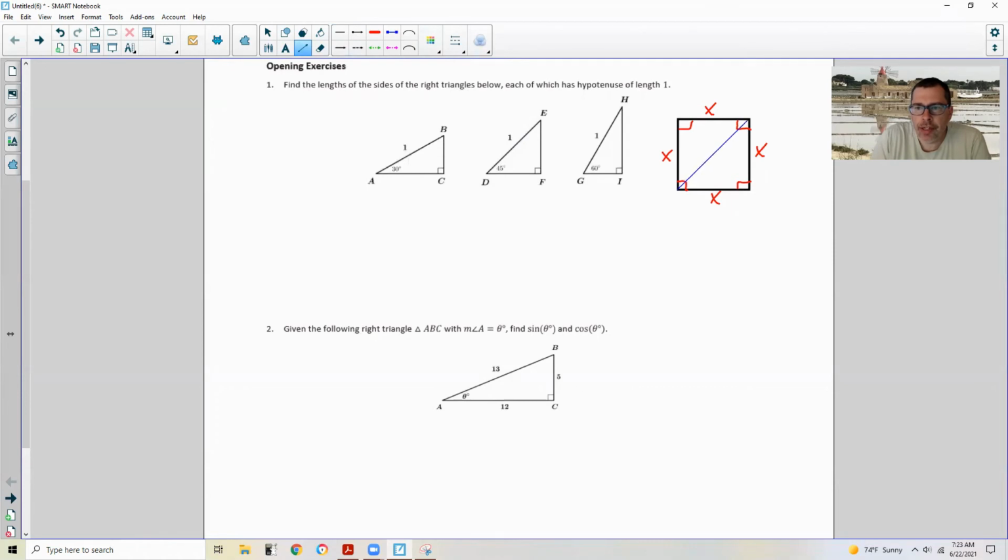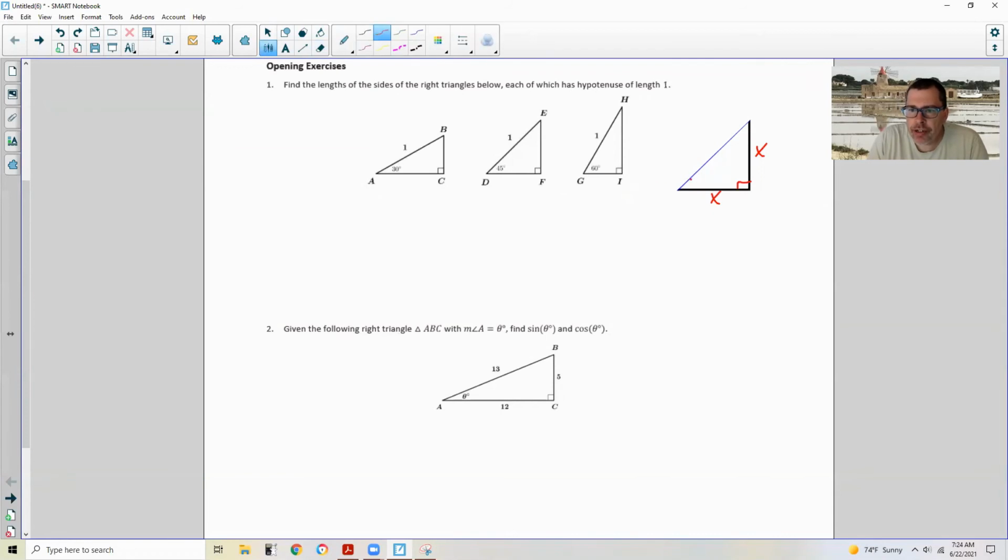So I'm going to cut this in half, and get rid of that second half of the square. So now I have a square cut in half.